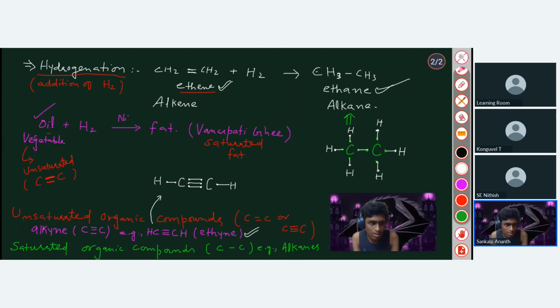Sir, in hydrogenation there is always addition of hydrogen, unsaturated to saturated. Exactly. Whenever you do hydrogenation, you should first have an unsaturated compound. Then when you do the hydrogenation, the product will be saturated.